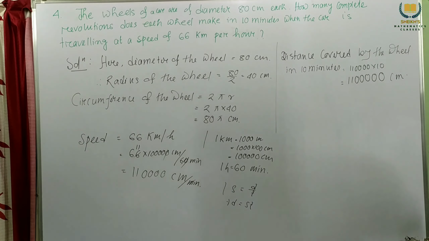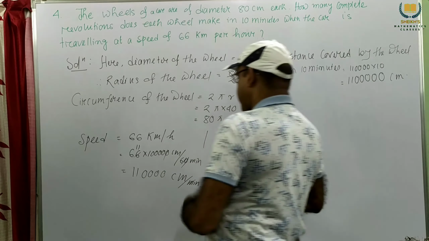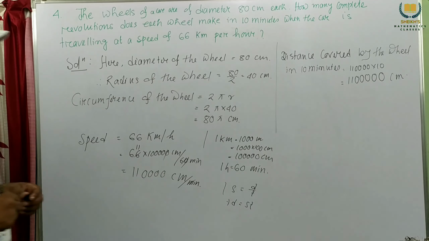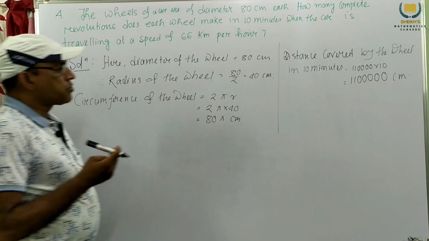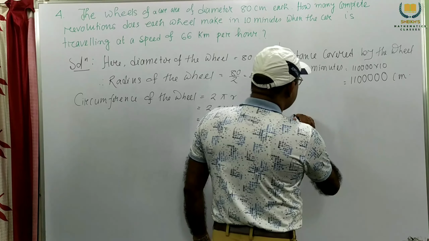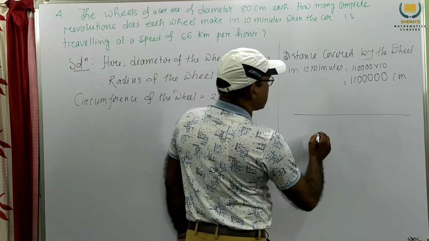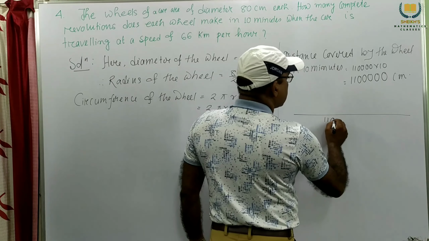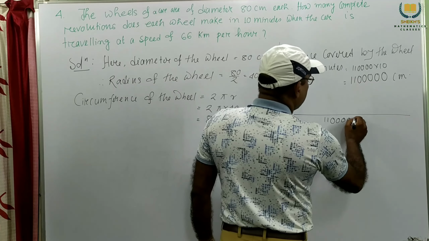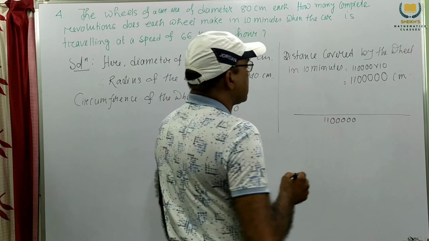Distance covered by the wheel in 10 minutes equal to this centimeter. We get this distance, 1100000 centimeter.